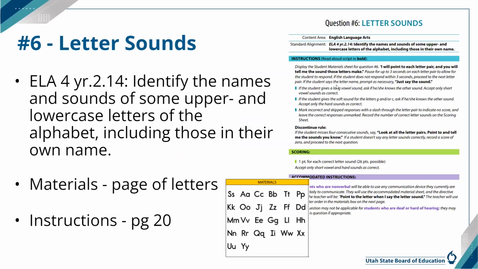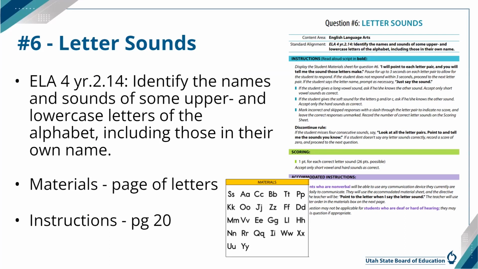They do have a prompt if they're saying the letter name, which they have just done: you can prompt them to say, just say the sound. This one says prompt as necessary, which means that you can use the prompt more than one time. Some of them say prompt once, some of them say prompt as necessary, so that gives you the option to say it multiple times for the student.